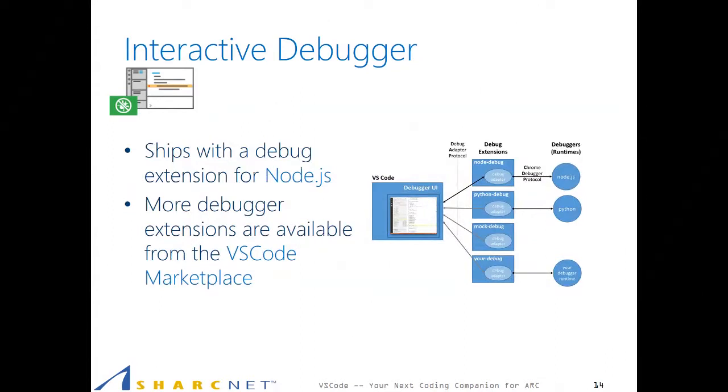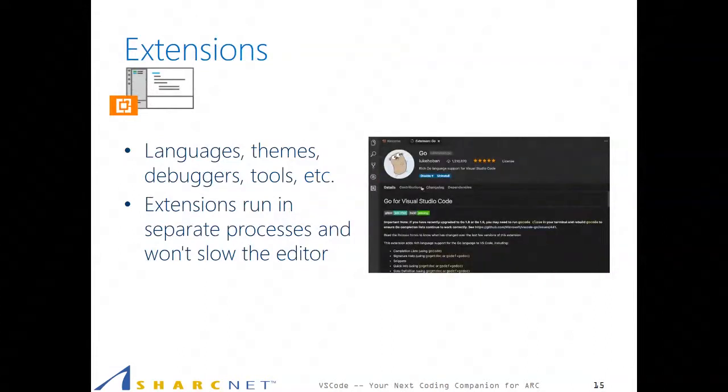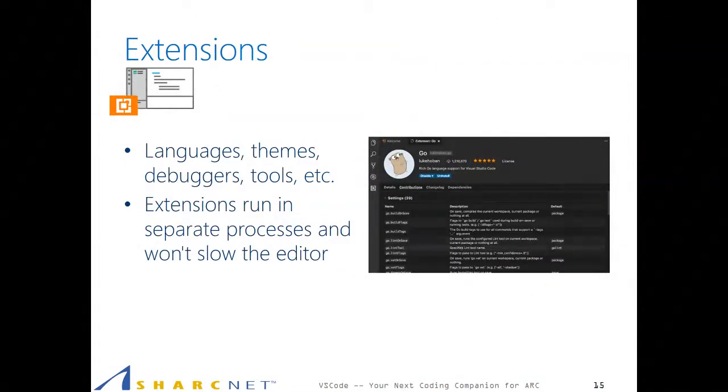And this interactive debugger ships with a debug extension. Visual Studio Code ships with a debug extension for Node.js, so JavaScript is there. But if you are working with other languages, you can install other debuggers using extensions. You can find them in the Visual Studio Code Marketplace, which is already in the editor. So the last feature is the extensions.